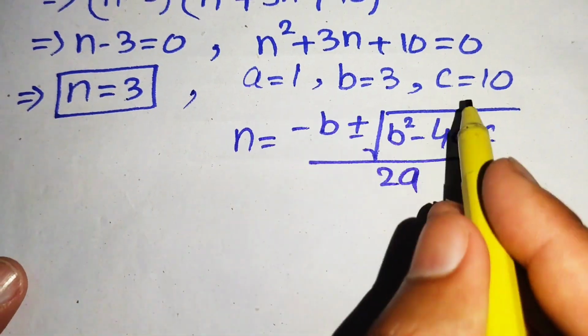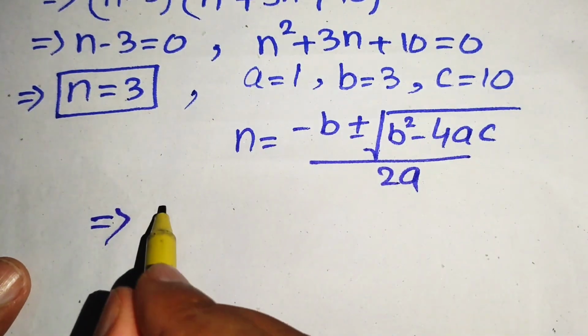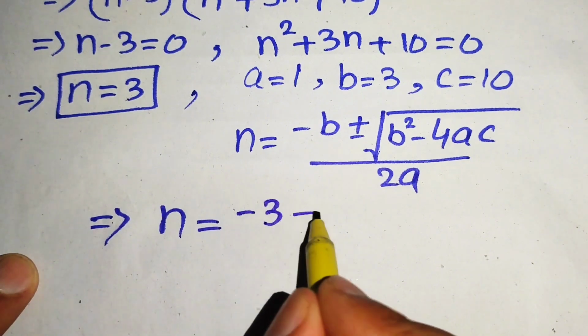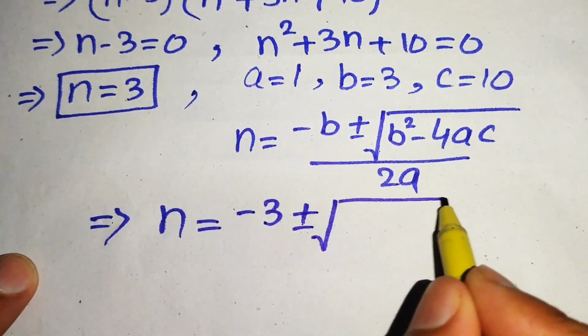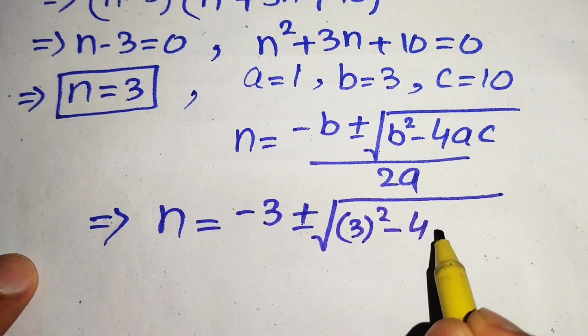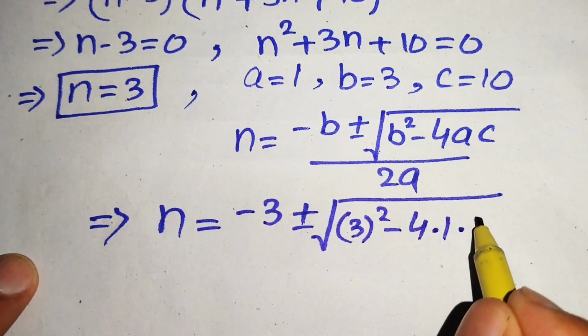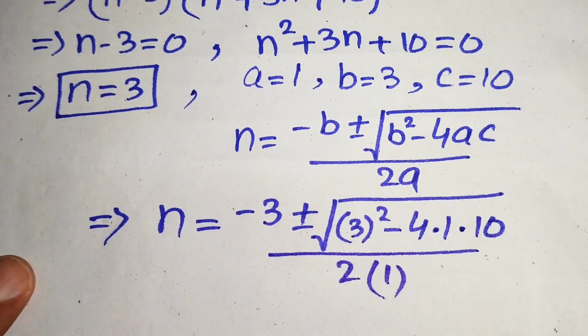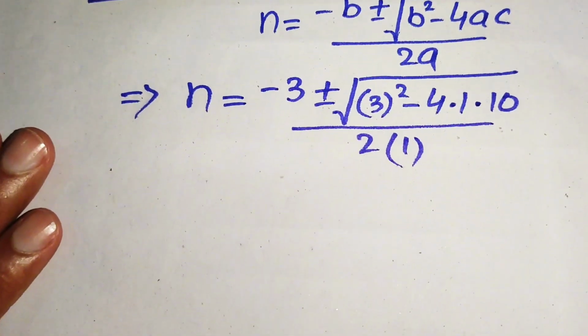So now we substitute the values of a, b and c here, and we get n equals minus b, so our b is 3, plus minus square root of b square, so b is 3 square, minus 4 times a is 1 and c is 10, divided by 2 times a, and our a is 1.